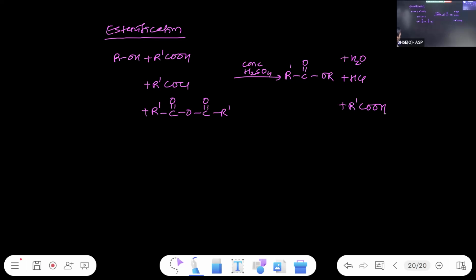So in case of carboxylic acid, it will be water. In case of acid halide, it will be HCl. In case of anhydride, it will be carboxylic acid. Note down.